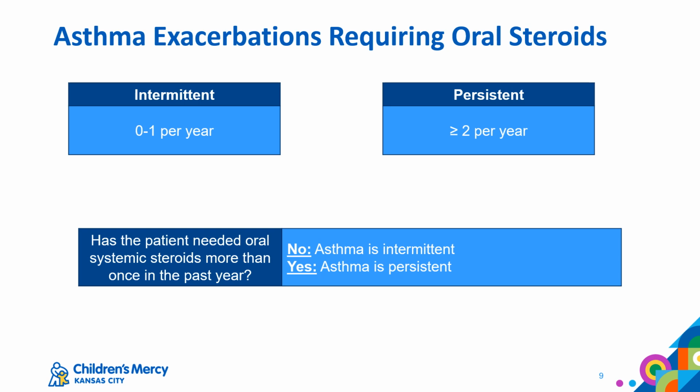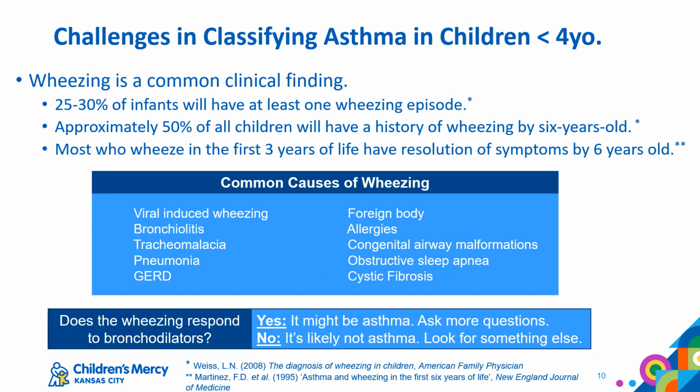Now, being able to distinguish mild, moderate, and severe persistent asthma cannot be easily classified based on oral steroid use. But, as a general rule, the more courses of systemic steroids needed for asthma symptoms, the more severe the asthma is. While the diagnosis and classification of asthma may seem straightforward based on components discussed, it can be challenging in infants and toddlers.